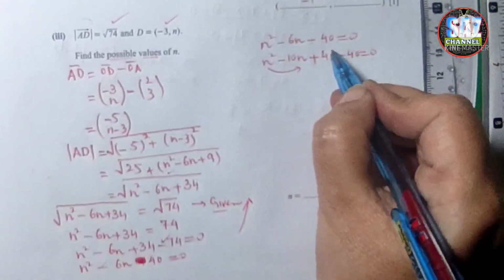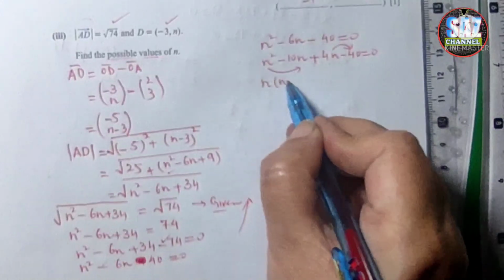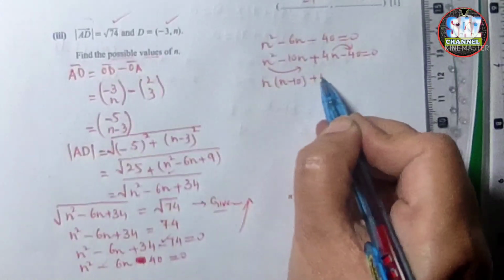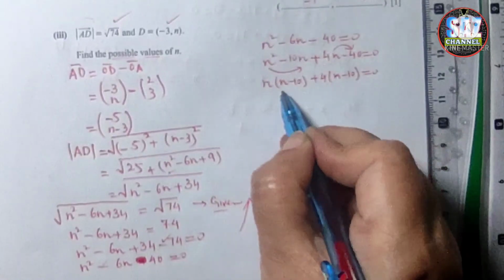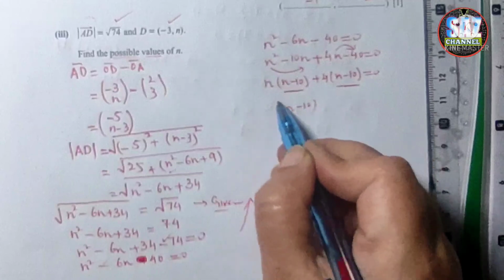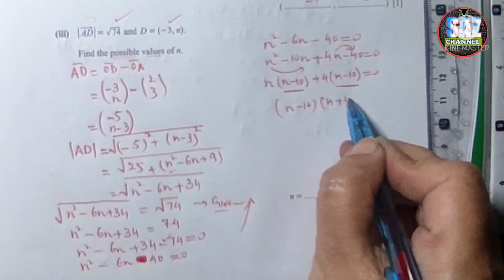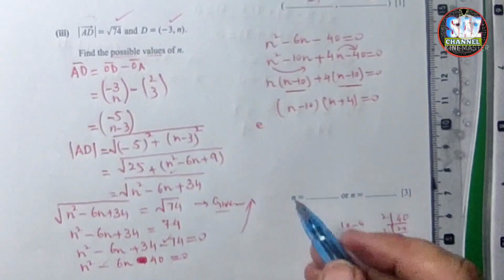Okay, make the groups and extract the common factor from each group. n(n minus 10) plus 4(n minus 10) equals 0. Extract the common group out. n minus 10 and n plus 4 equals 0. Apply the either-or condition.